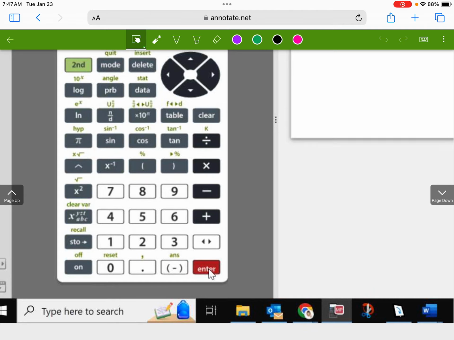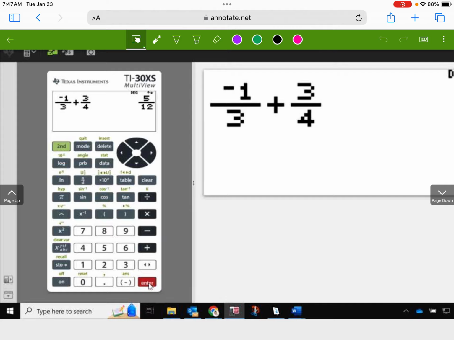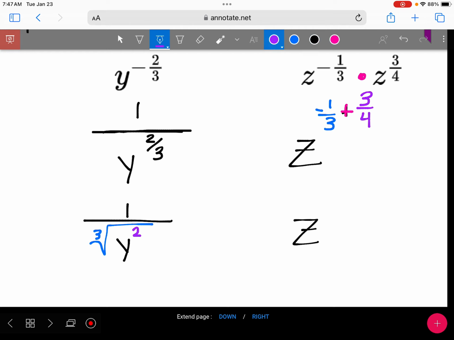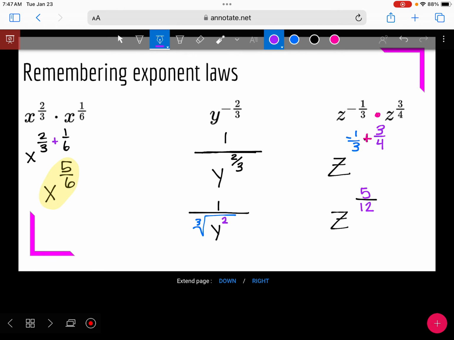They got to a common denominator of 12, and then they added 5/12. So this is z to the 5/12. So it's gross. It's super gross. But that's what that simplifies down to.